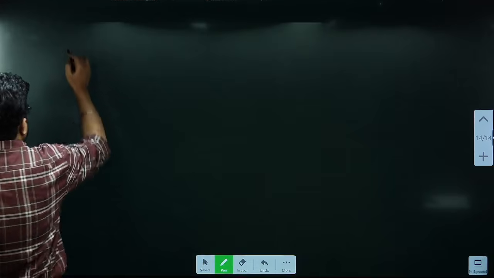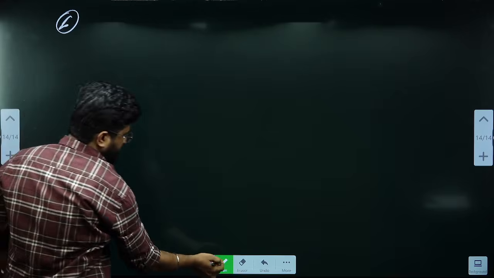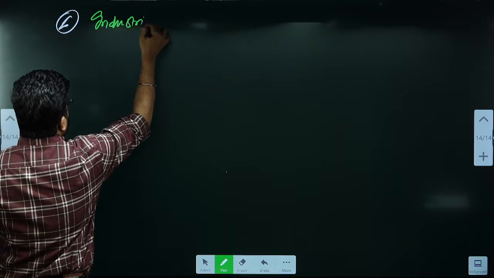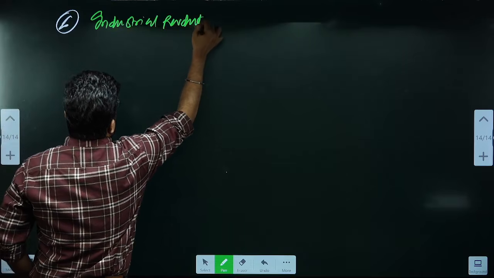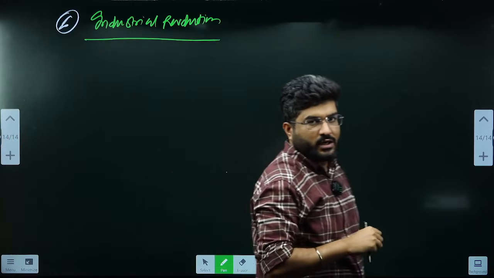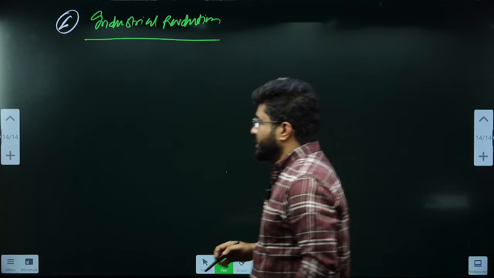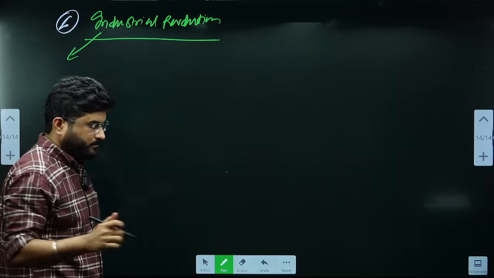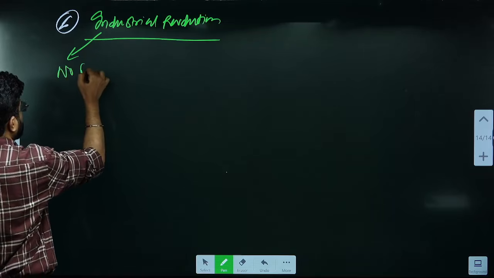Okay. Then comes your sixth, which is the industrial revolution. Now, before the industrial revolution, there was no factory system.